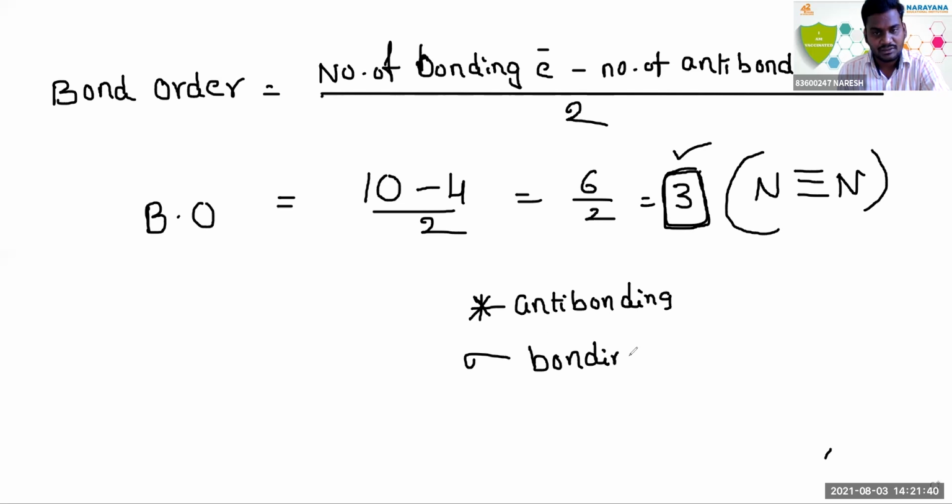From that we take the electrons and substitute into the formula: bond order equals number of bonding electrons minus number of anti-bonding electrons, by 2. So here we got 3, which indicates a triple bond between two nitrogens. And the last molecule, yesterday I did, the bond order is 2 for the O2 molecule. That 2 indicates a double bond between two oxygens.